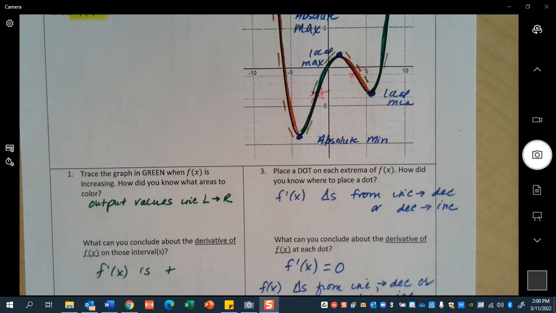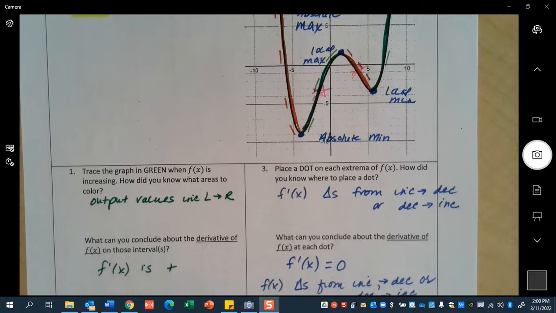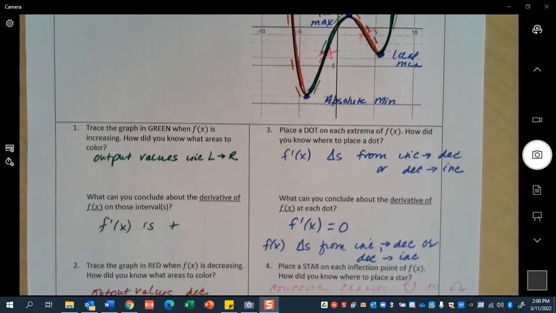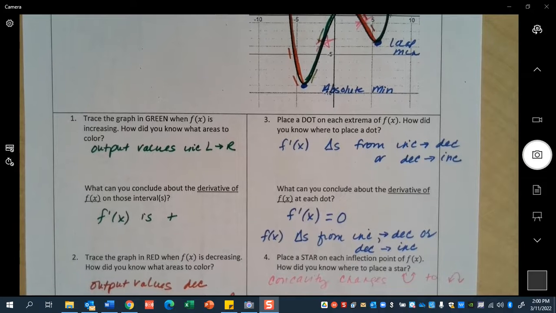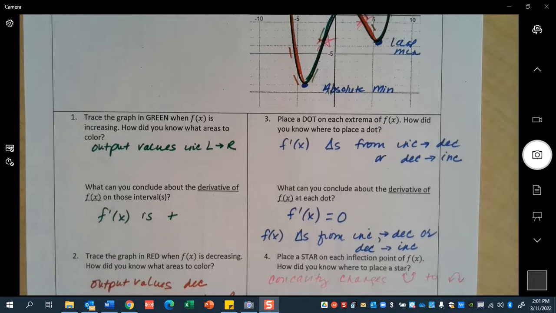When we scratch away at the calculus of it, we begin to understand that is because our rate of change is positive. If we think back to linear, you had a positive slope and it went from left to right, increasing as you went. So it wasn't that your derivative was increasing, it was that your derivative was positive.